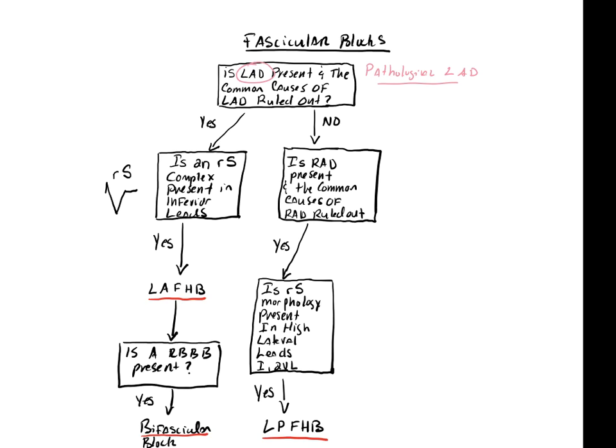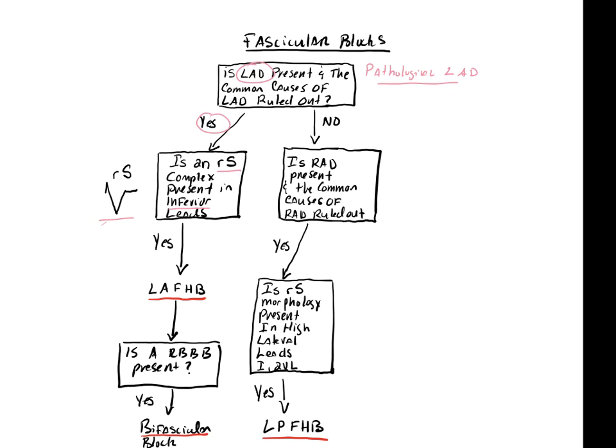If the answer to that question is yes, then you ask, is there an RS complex? Okay, this is an RS, a little r and a big S. You guys okay with that? Is a little r, big S complex present in the inferior leads?